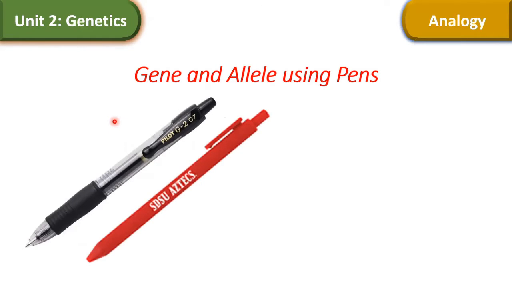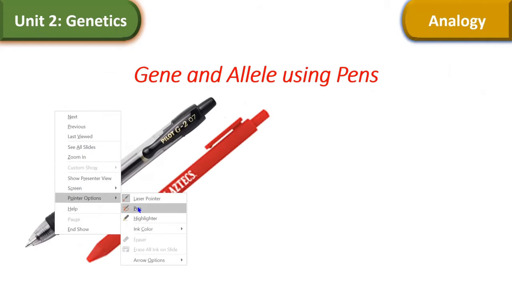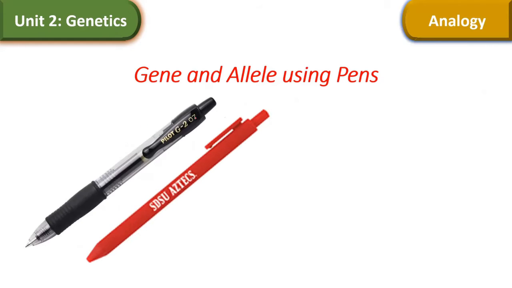So let's use the analogy of pens in describing gene and allele. What you see right now are two ballpoint pens.